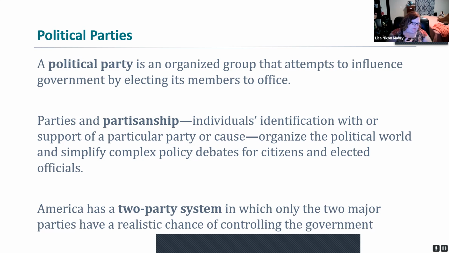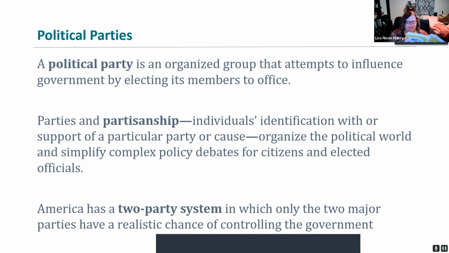Like we've discussed a little bit before, we definitely are a two-party system. We talked about that at the beginning of the semester. And while we have third parties, none of them make the dent needed to overtake our two current major political parties. Sorry.